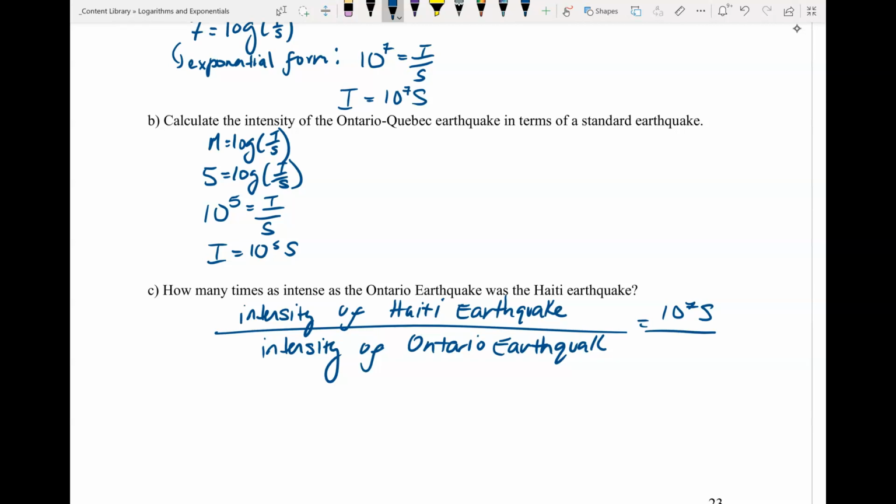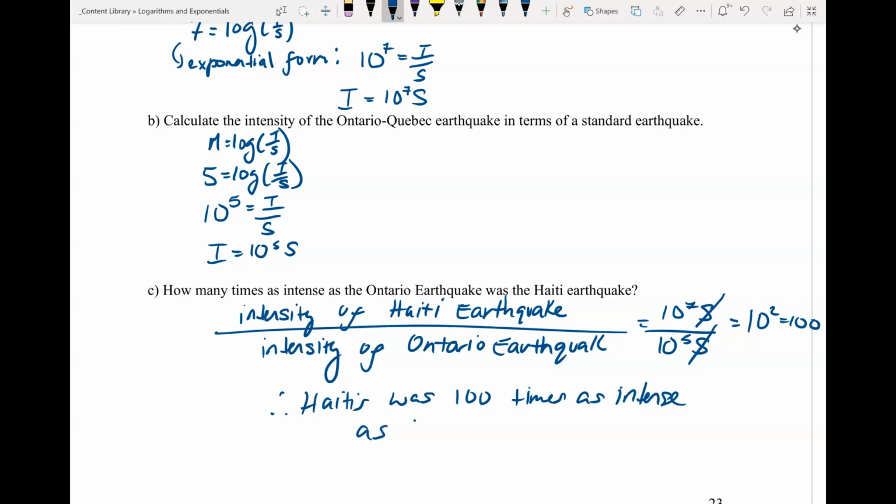The intensity of the Ontario-Quebec earthquake was 10 to the power of 5 of the standard earthquake. So our S's are going to cancel out, and then we have the same base, and we're dividing, so we're going to subtract the exponents. So that's 10 to the power of 2. And that's 100. So that means Haiti was 100 times as intense as the Ontario earthquake.